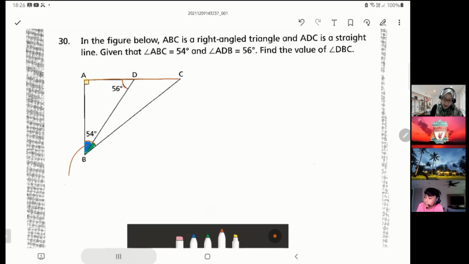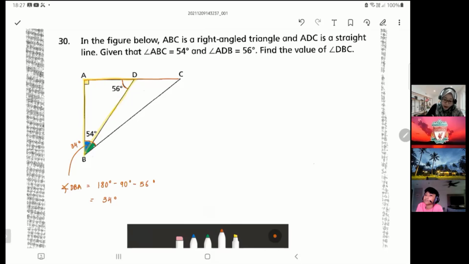The blue is angle DBA, which is, if you look at it, inside this triangle, the one I color in yellow. It is 180 degrees, take away your 90 right angle, take away your 56 degrees, equals 34 degrees. So this blue angle is 34 degrees.